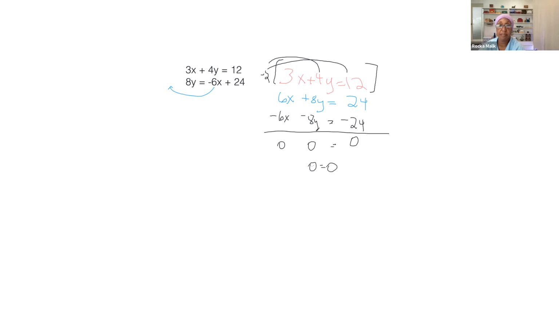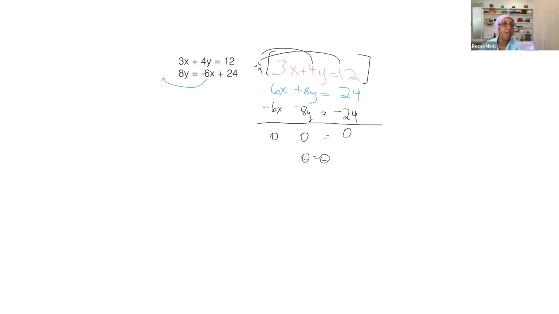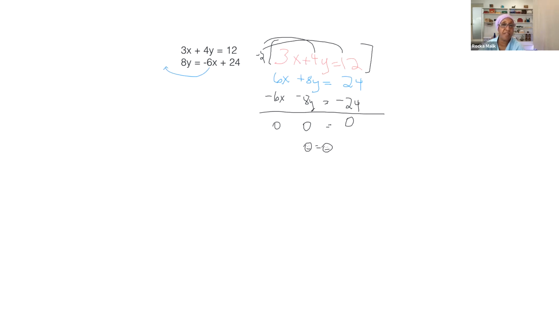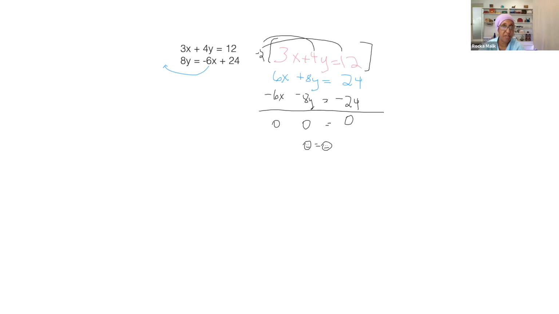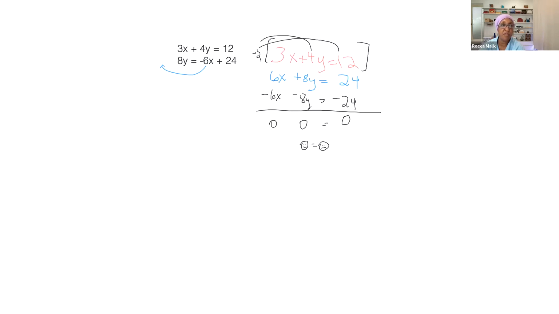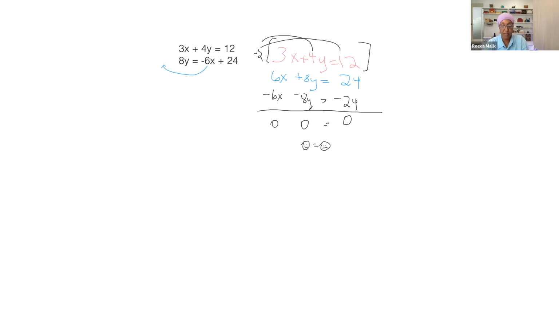But for my lines, that means that they're the same line, that every point on this line is the same on this line. So they're the same line, we write infinitely many solutions.